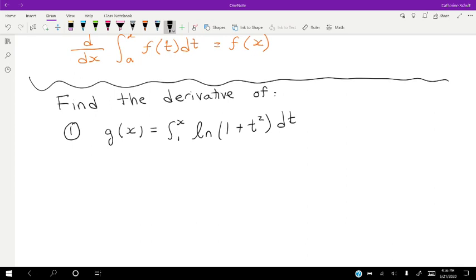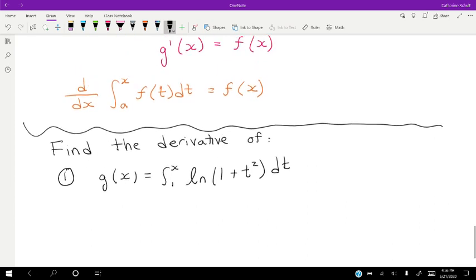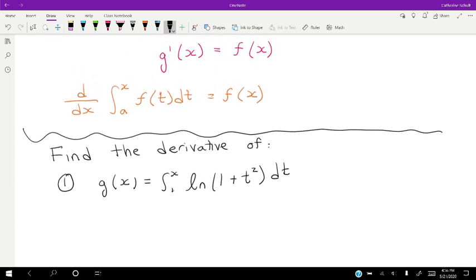Notice we are fulfilling the criteria. We're going from a constant to x of some function. If we take the derivative of that, we're just going to get the stuff inside. So according to the direct application of the fundamental theorem of calculus, the derivative of g is this f.